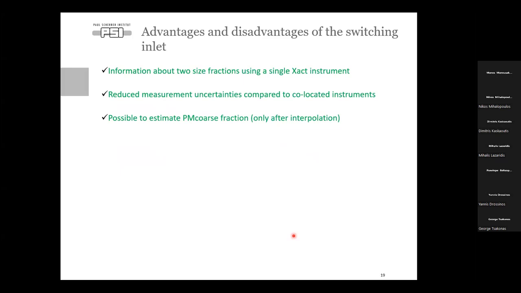And it is possible to estimate the coarse fraction of PM, but because the measurement is asynchronous, so we have 1 hour one fraction, the next hour the other fraction, if we want to estimate the coarse fraction, then we need to find a way to interpolate the data, so we have synchronous data.